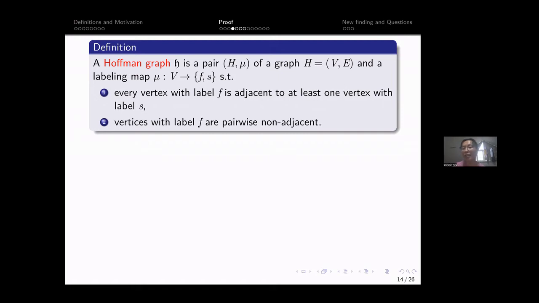Let's say part of the vertices of H is labeled by F, and the other is labeled by S. The condition is that every vertex with label F is adjacent to at least one vertex of label S. It means that a vertex with label F cannot be an isolated vertex. And the vertices with label F are pairwise non-adjacent.